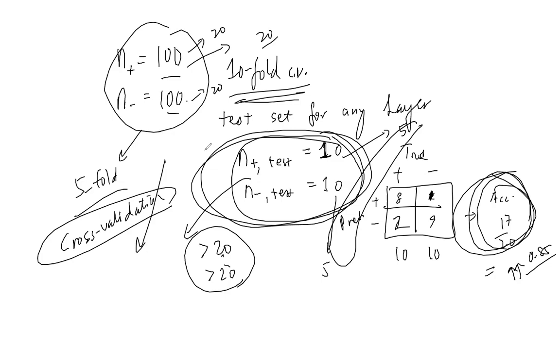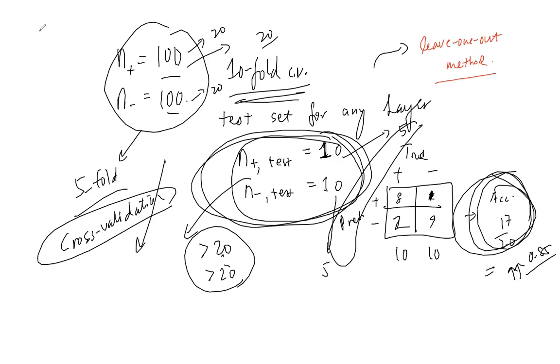So this is for cross-validation. The other one is a related method called leave one out, which is really a very old method that sometimes is used. Leave one out, just to let you know.